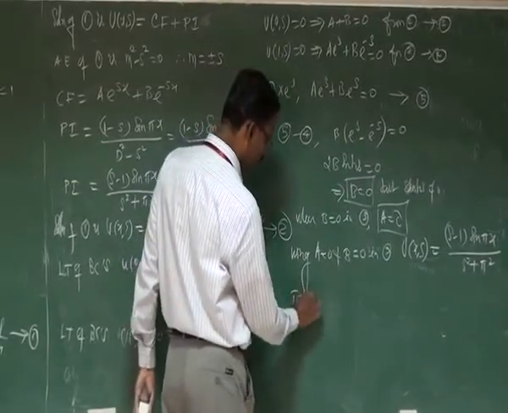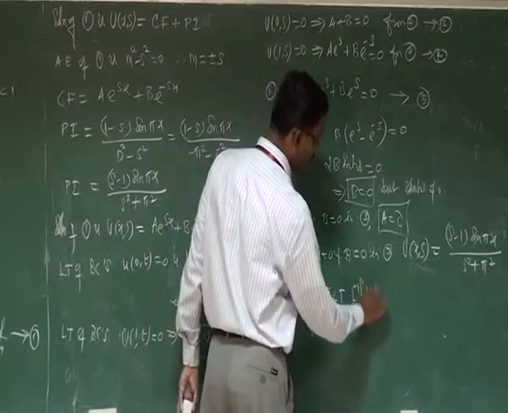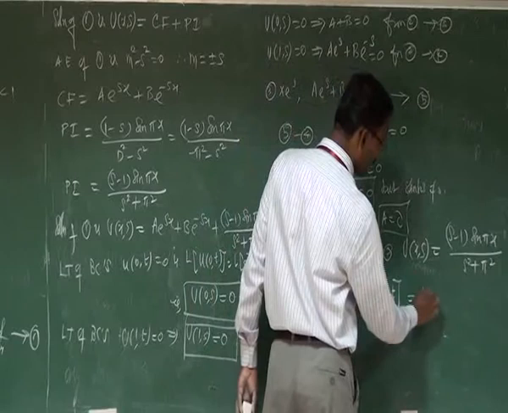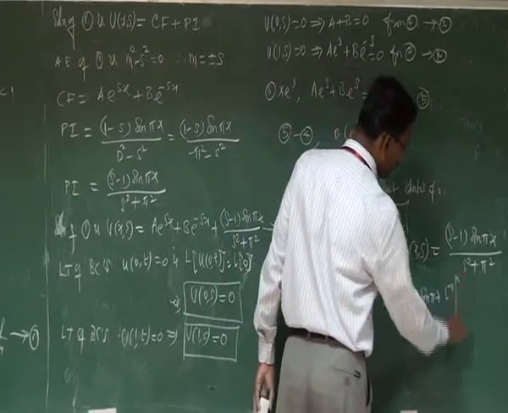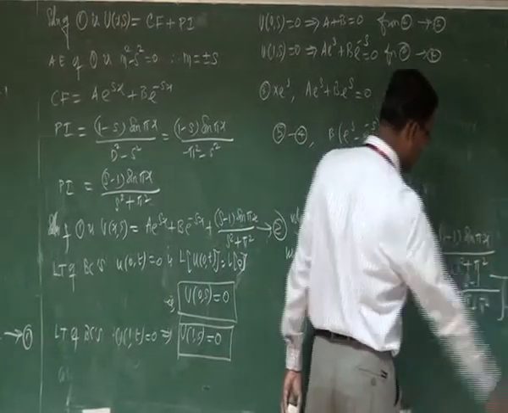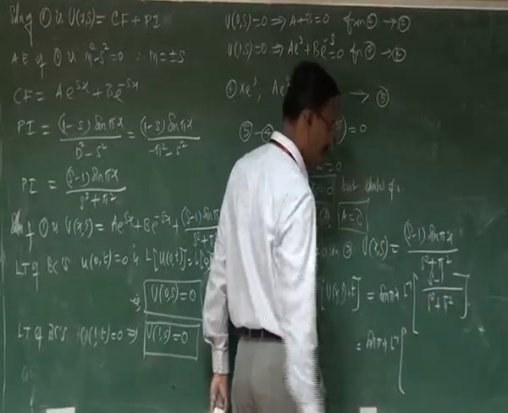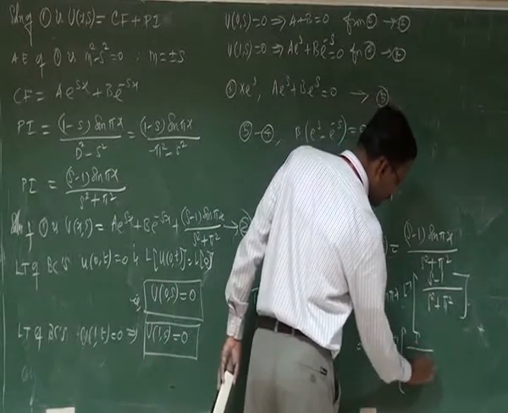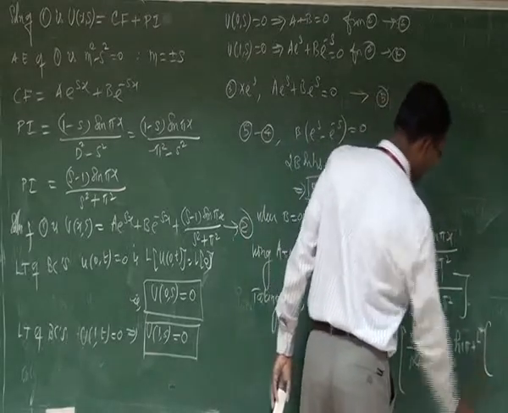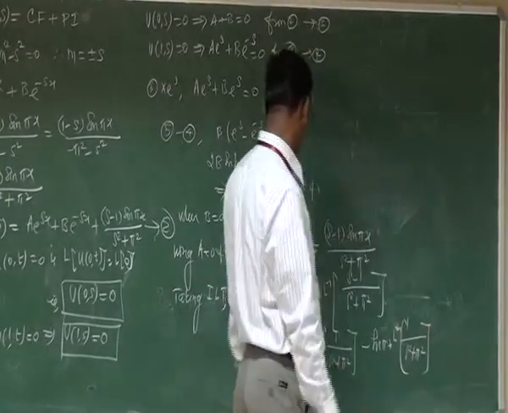Now taking inverse Laplace transform, the inverse Laplace transform of u of x comma s is equal to, here sin pi x is a constant, so L inverse of s minus 1 divided by s square plus pi square. So it is further simplified as L inverse of s by s square plus pi square minus sin pi x into L inverse of 1 by s square plus pi square.